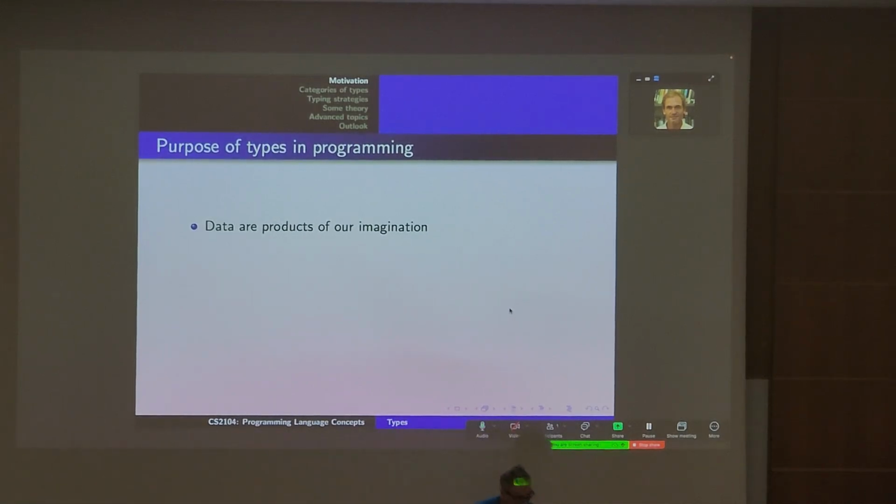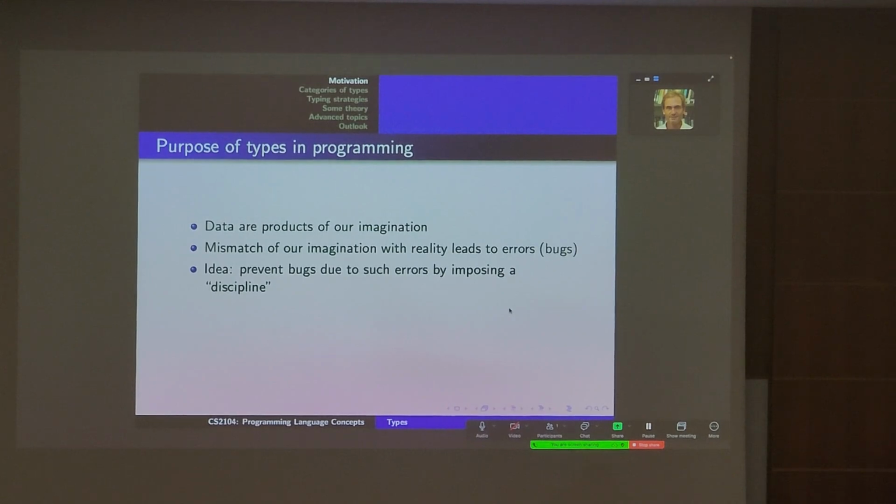The computer, roughly speaking, is zeros and ones, and no data structures, and your mind contains all these fancy ideas. So data are products of our imagination, roughly speaking.